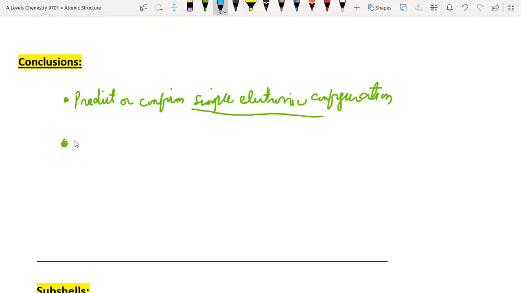Then it confirms the number of electrons in the outer shell.